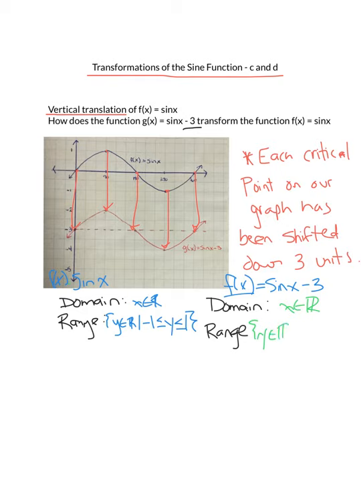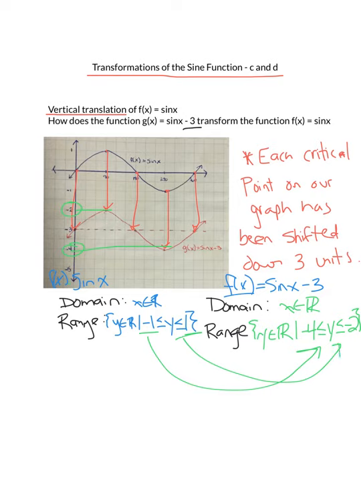My range is y ∈ ℝ such that, when I look at this new red function, the lowest that I can go is negative 4, and the highest that I get is negative 2. This makes sense because we know the whole function has been shifted down 3. If I was at negative 1 and I moved down 3, I'd get to negative 4. And if I was at positive 1 and I moved down 3, I'd get to negative 2.